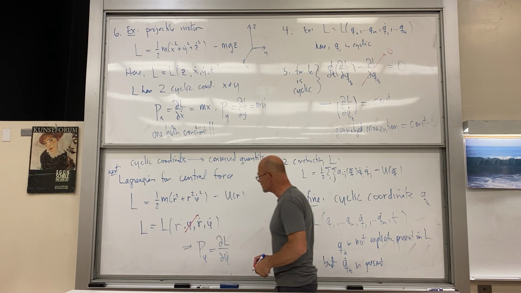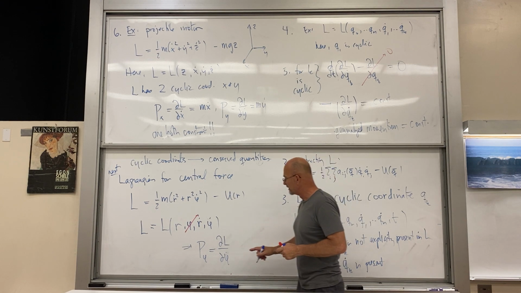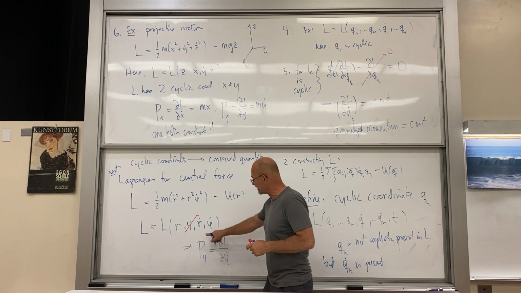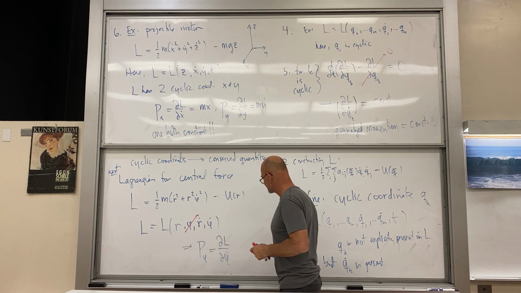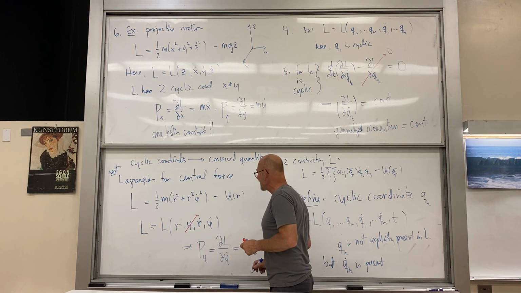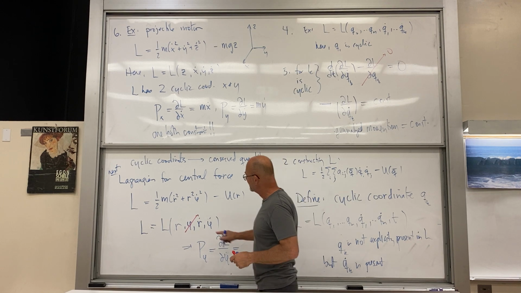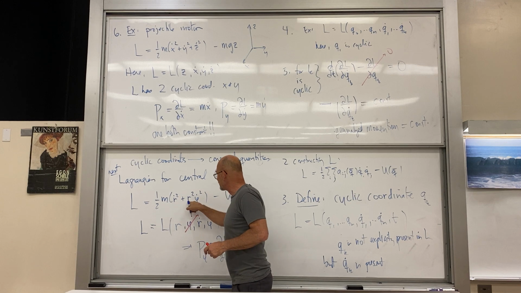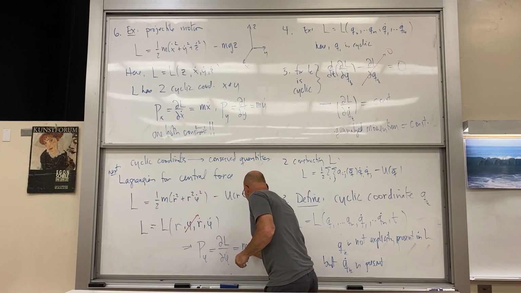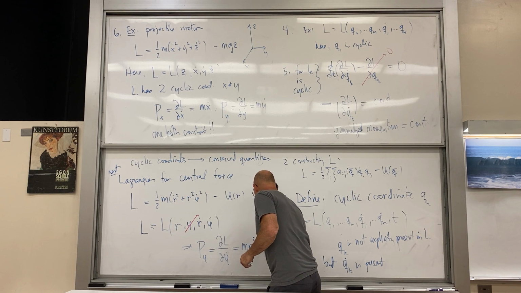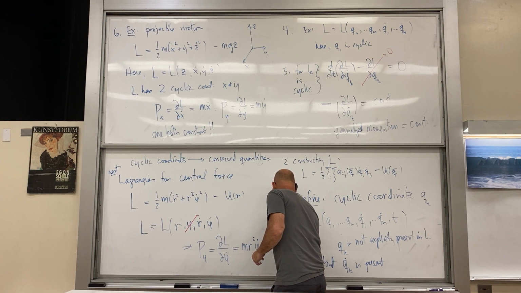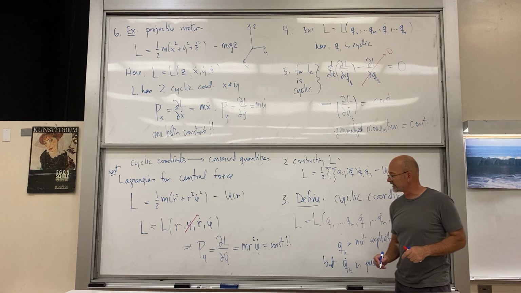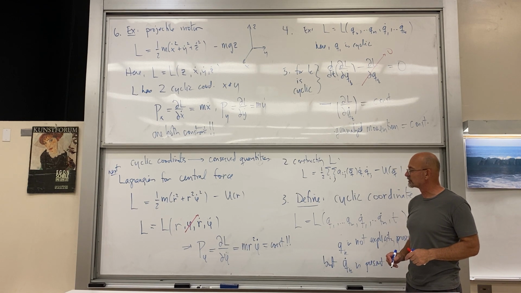So that's the generalized momentum. Namely, it's just the corresponding momentum to the coordinate. That is constant. What is it? Since we're differentiating with respect to phi dot, it's m r squared phi dot equals constant. Again, let's put some exclamation points there, because we just found a conserved quantity.